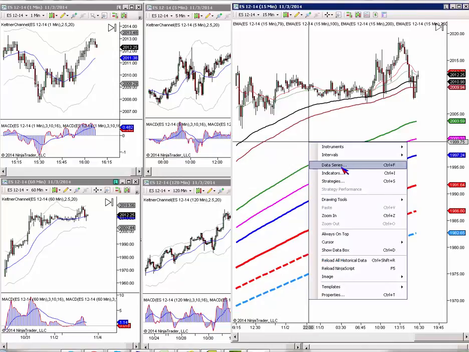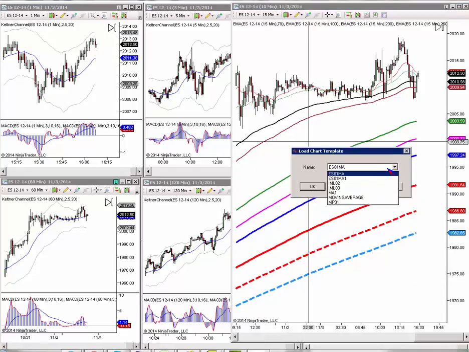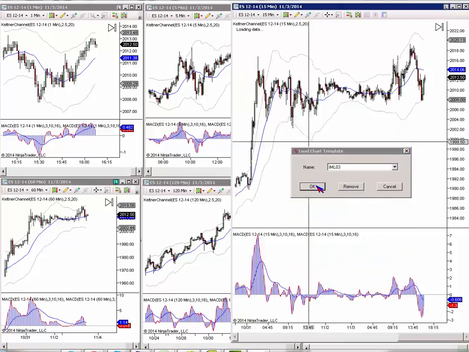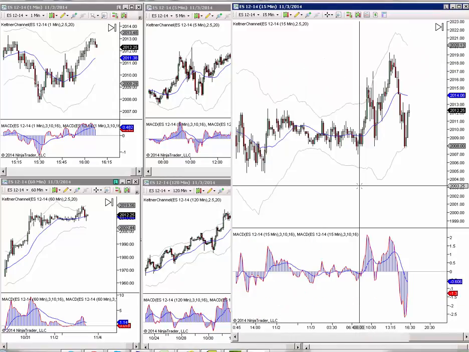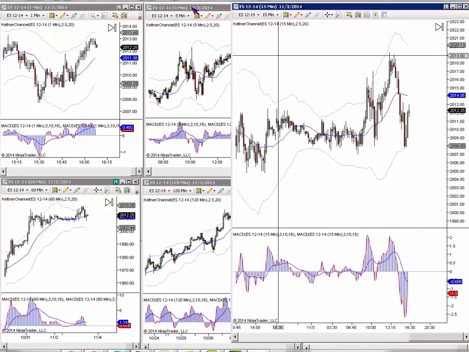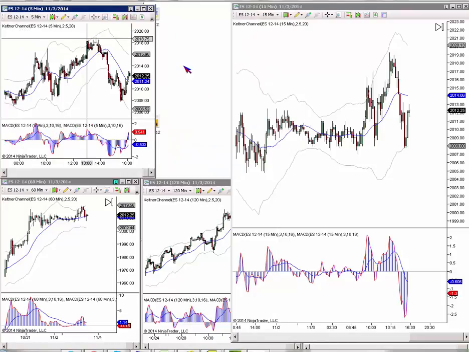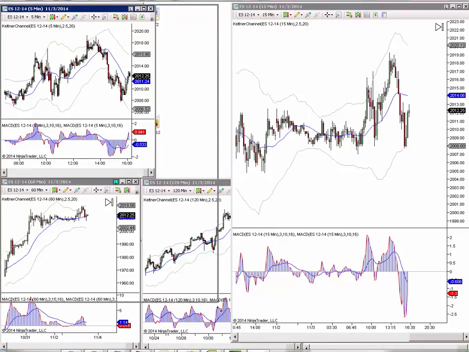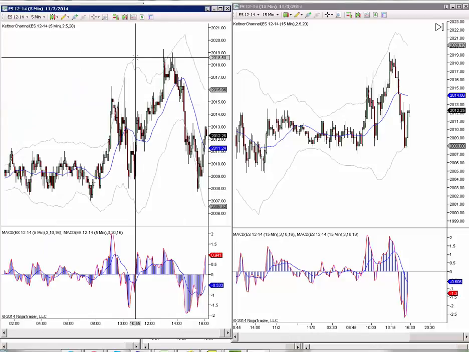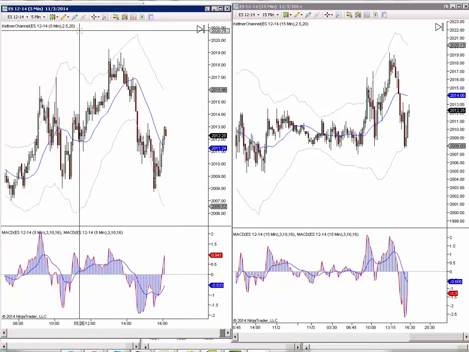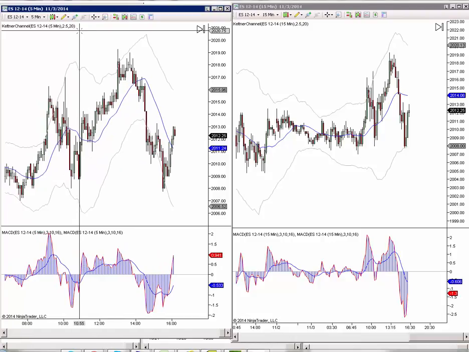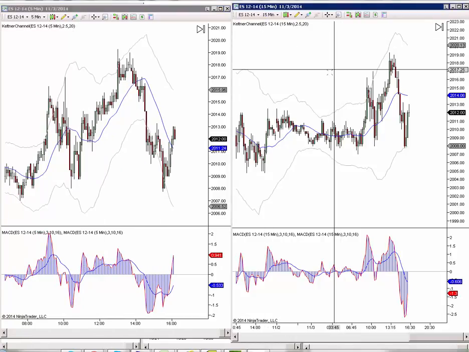All right, so let's put on that chart, and let's show this chart. So one is a 5-minute chart, and the other is a 15-minute chart. So you have 2 time frames that you're looking at.